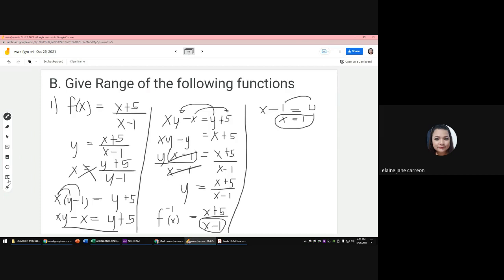Meaning, now we're ready for our conclusion for the range.